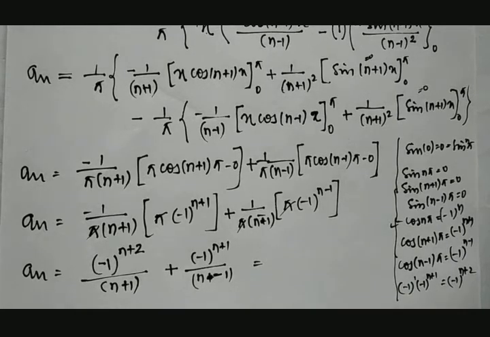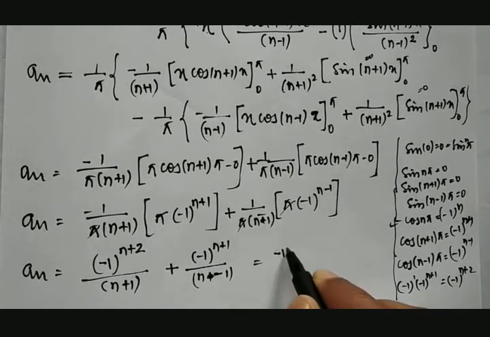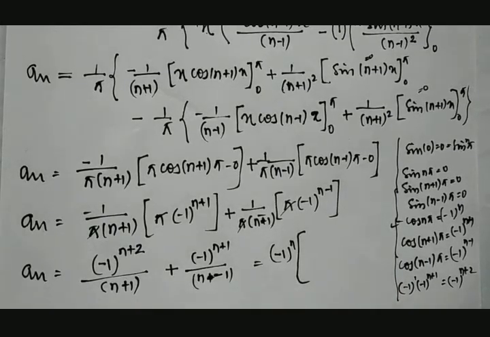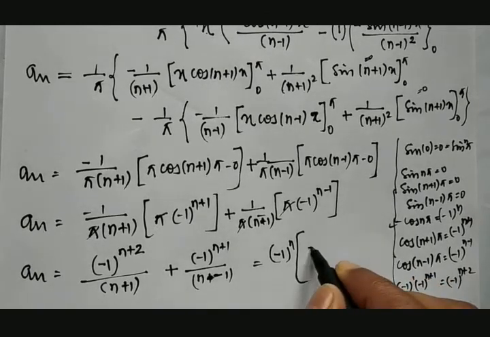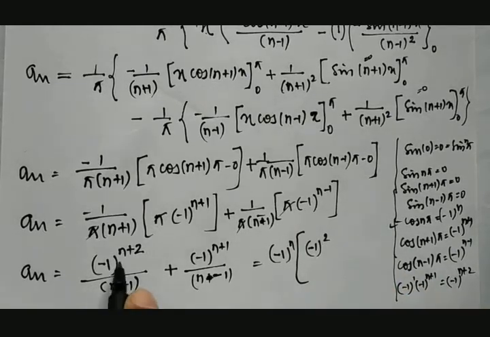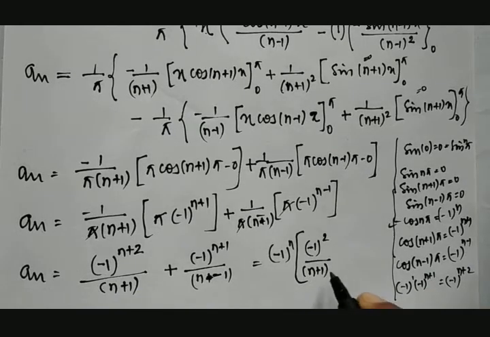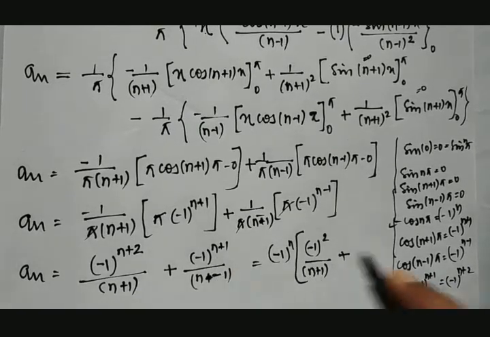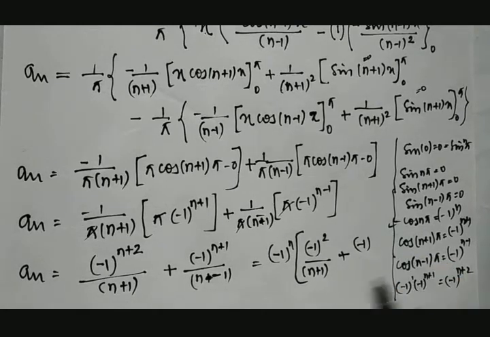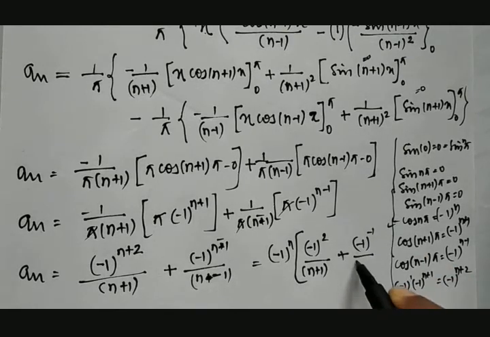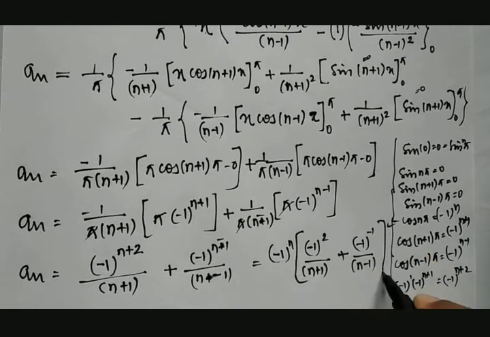Therefore, from here if I pick minus 1 raised to n common from these two, then what I'll be getting? If I pick minus 1 raised to n common, then it becomes minus 1 raised to 2, because minus 1 raised to n is already taken, divided by n plus 1. From here minus 1 raised to n is already taken, so it becomes minus 1 raised to minus 1 divided by n minus 1.